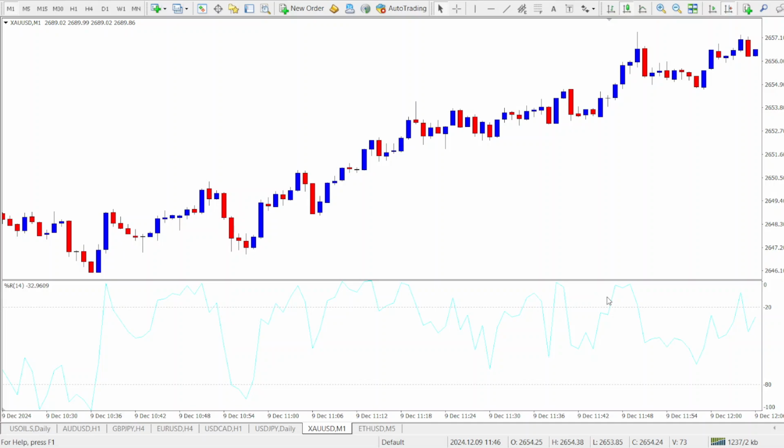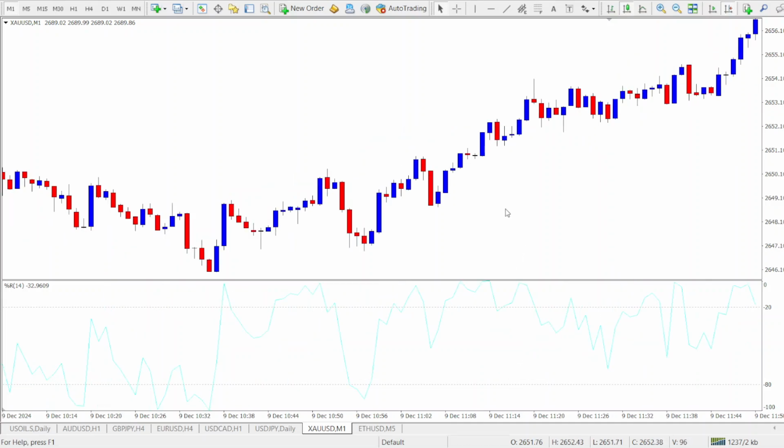In the case of oversold, it is when the indicator is between -80 and -100. This zone signals that the market is oversold and could be primed for a bounce or upward reversal.